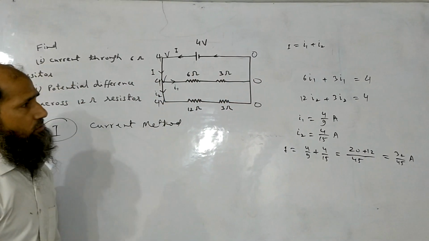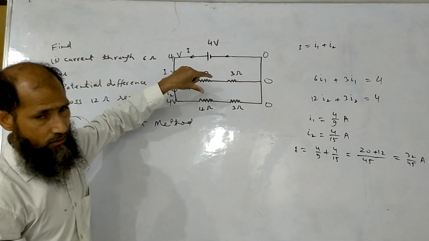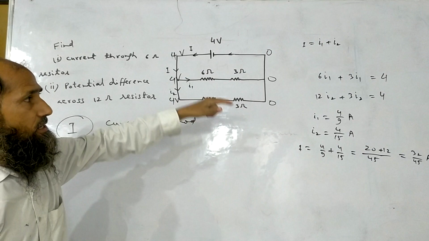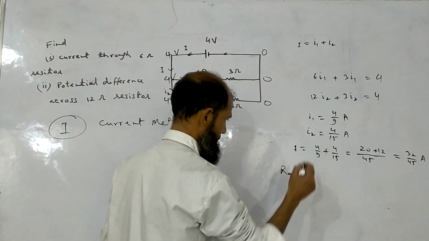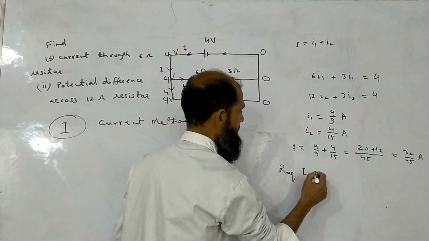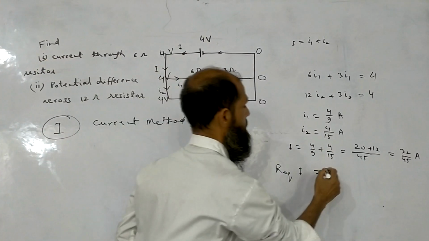Suppose if we need to find out the equivalent resistance, then we can find it from here. R equivalent into I must be equal to potential difference 4 volt, that is equal to 4.